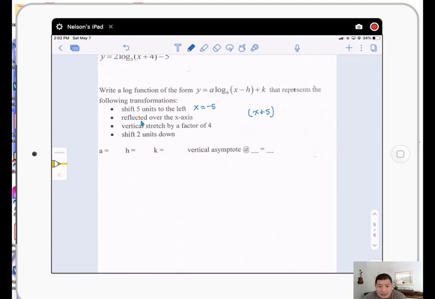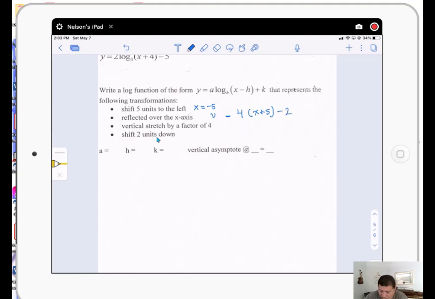Okay, and then it goes on to say reflected over the x-axis. So that means that it requires a negative. Vertically stretched by a factor of 4. Shifted 2 units down. And that's pretty much it.